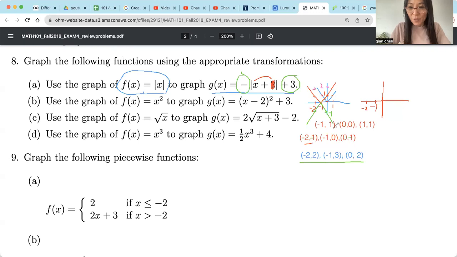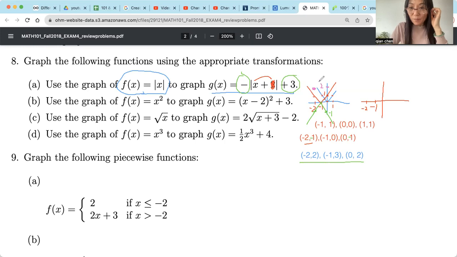So -2, -1 is being changed to -2, 2, in purple color. And the -1, 0 is now changed to -1, 3.